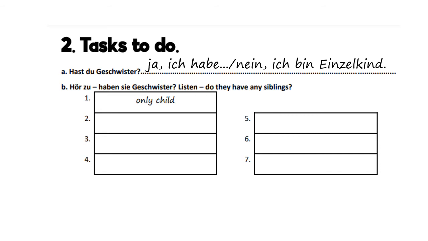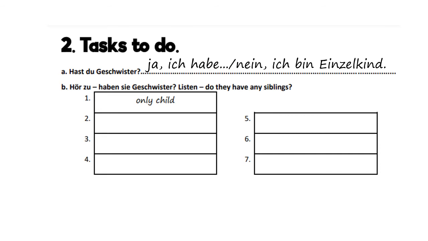All right, so task B is a listening, and because sometimes the quality of my recording of the listening doesn't come out that well, I'm going to say the different sentences. It's not brilliant, but it's better than nothing. You need to write down what siblings these people say they have, or what siblings I say I have, for each of the 7 questions.